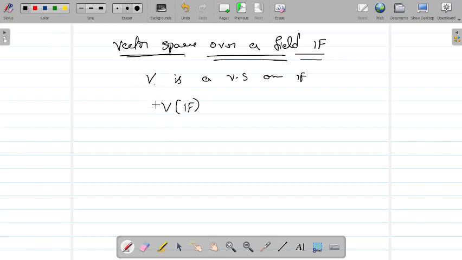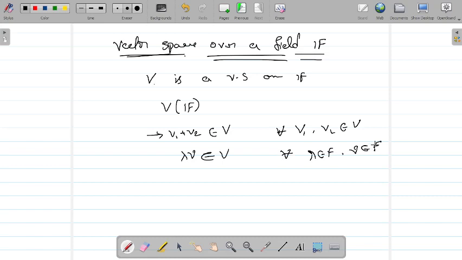When you take two elements from V and add them, the resultant must be an element of V. This must be true for every v1, v2 in V. And similarly, lambda times v must be an element of V. This must be true for every lambda from F and every v from V.